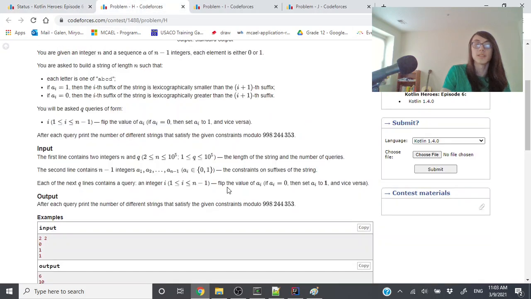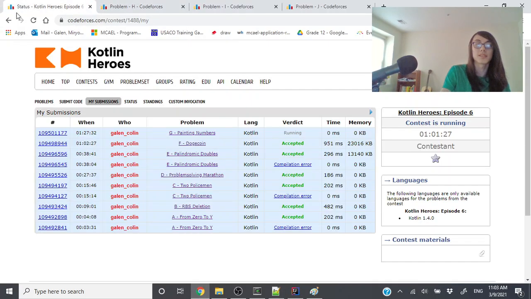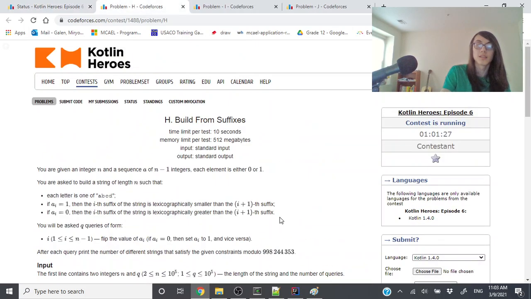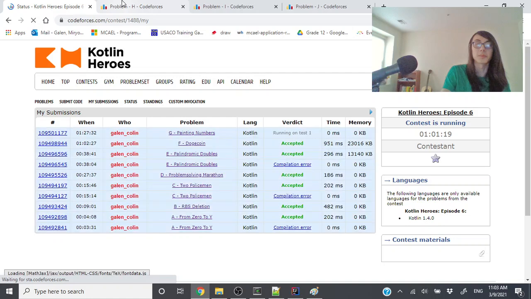Okay, what is happening now? Is it TLE? It might TLE. That is possible. It is n log squared. That would not be the best. Could have done with a higher time limit on this, but I guess we'll see. It's running very slowly. Test 6. Test 8.